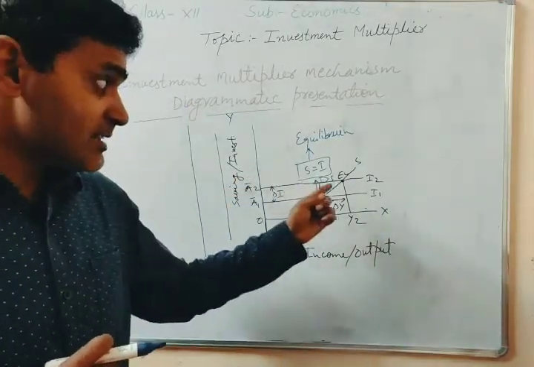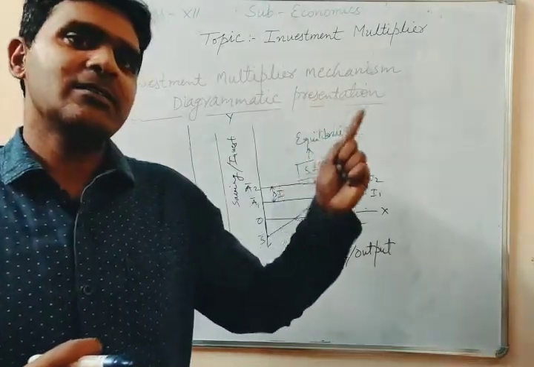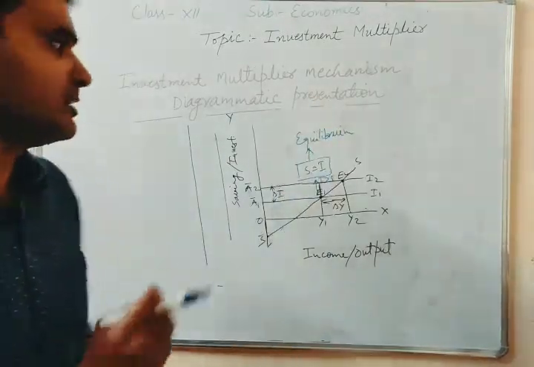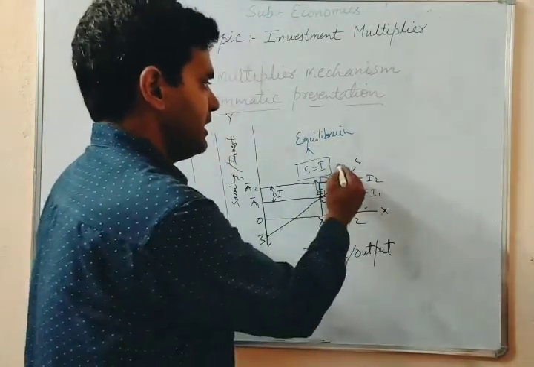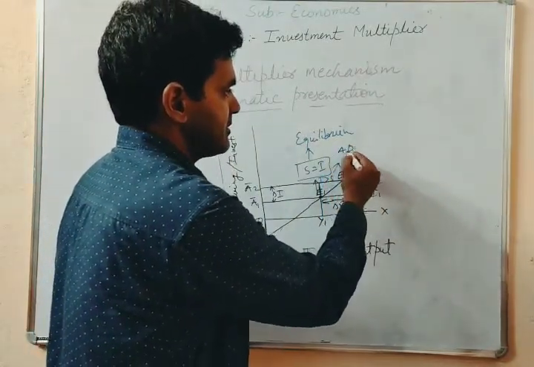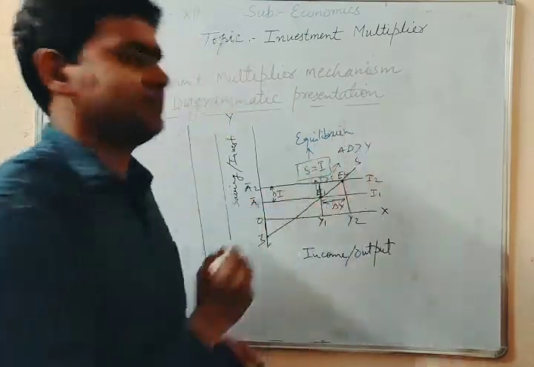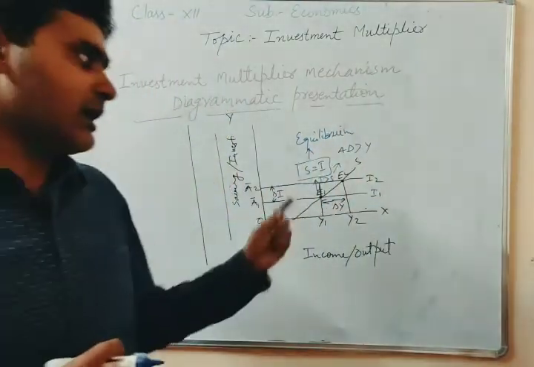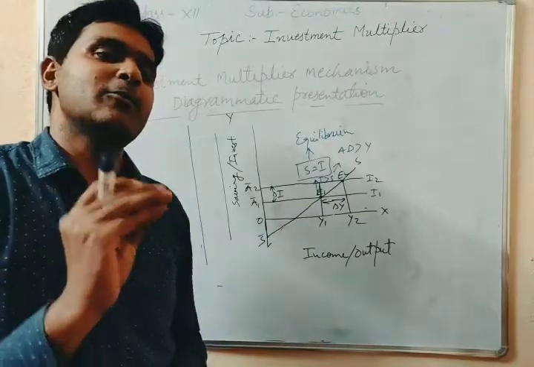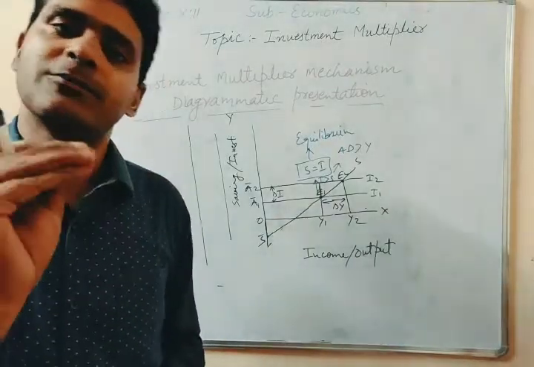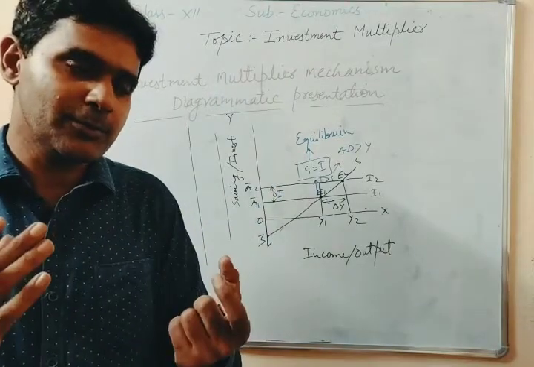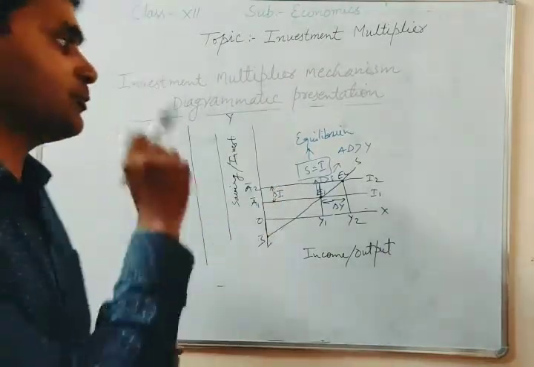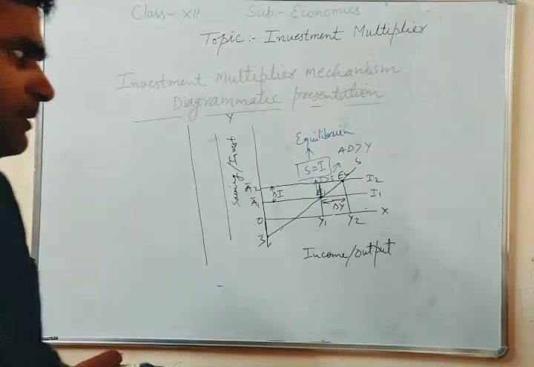It means there is an extra demand in the market. It is a situation quite similar to when AD is greater than Y. What will happen? Again there will be unplanned accumulation in the inventory of the firms. The producers will be induced to produce more, and then what will happen?